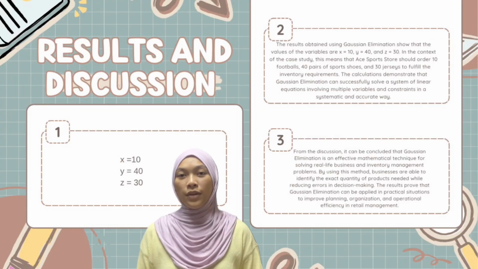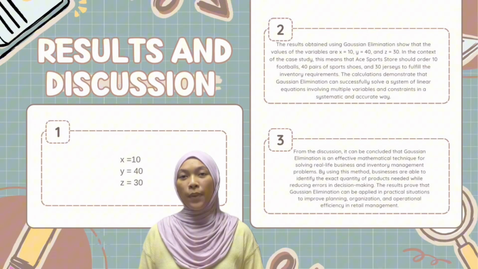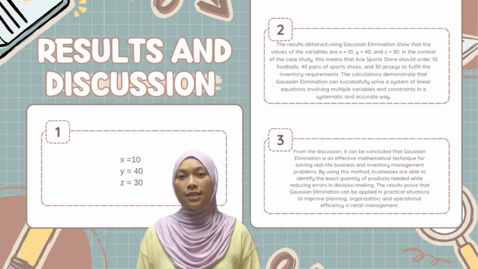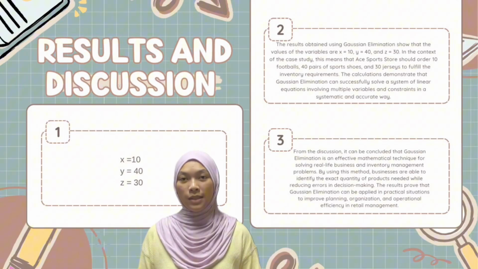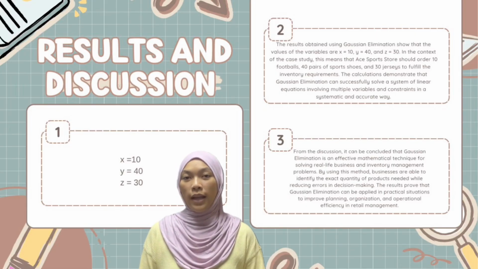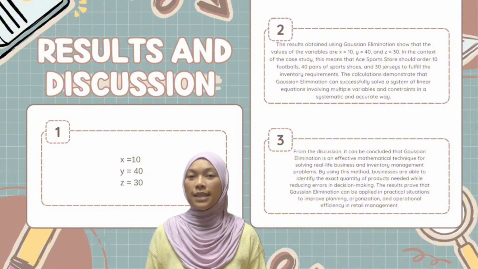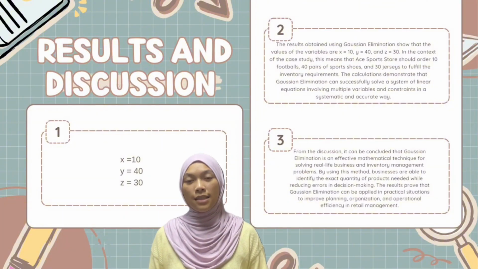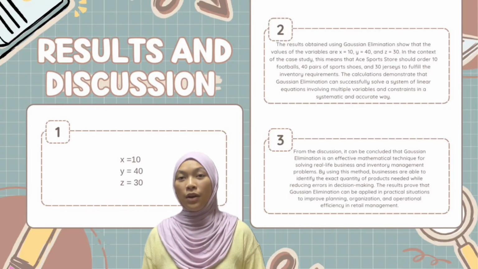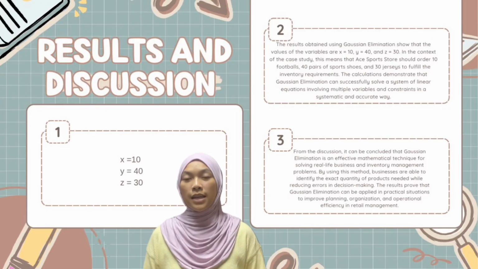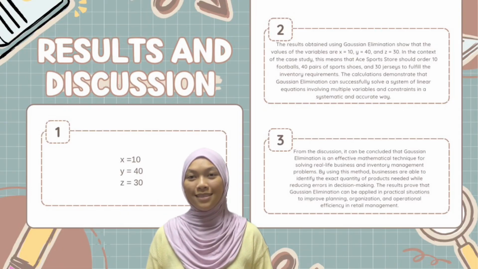In the context of the case study, this means that a sports store should order 10 footballs, 40 pairs of sports shoes, and 30 jerseys to fulfill the inventory requirements. The calculation demonstrates that Gaussian elimination can successfully solve a system of linear equations involving multiple variables and constraints in a systematic and accurate way.